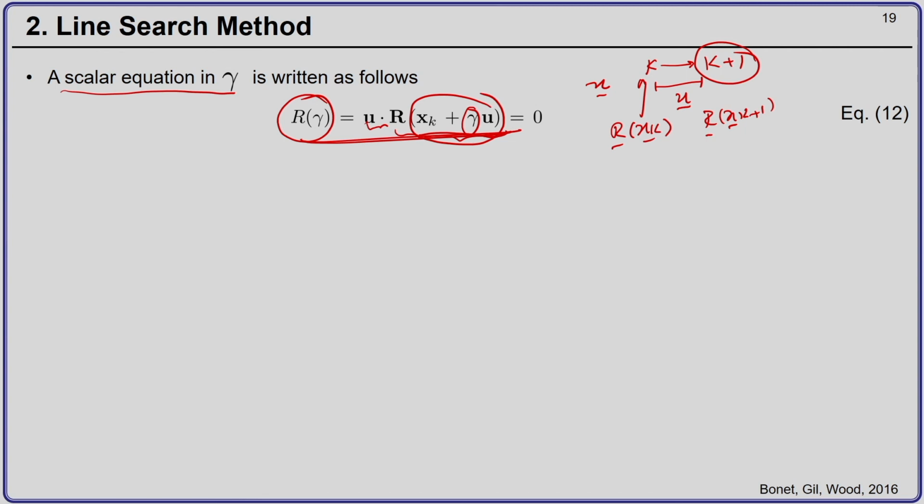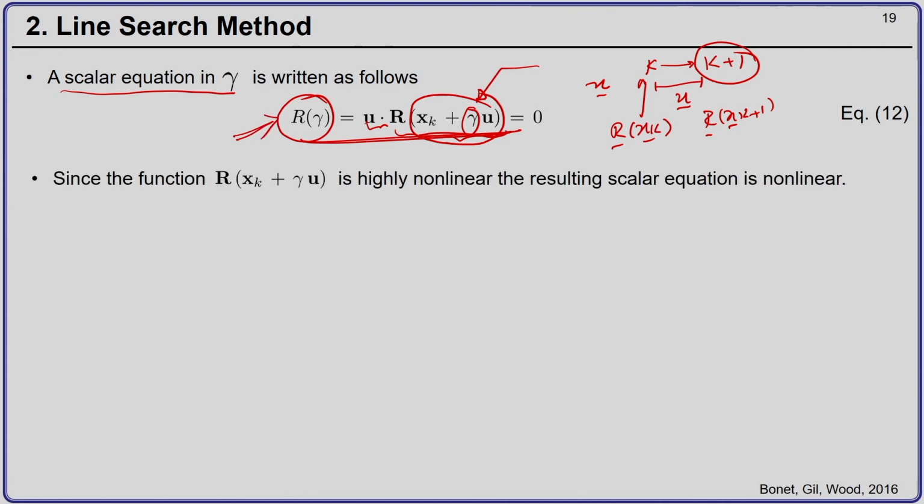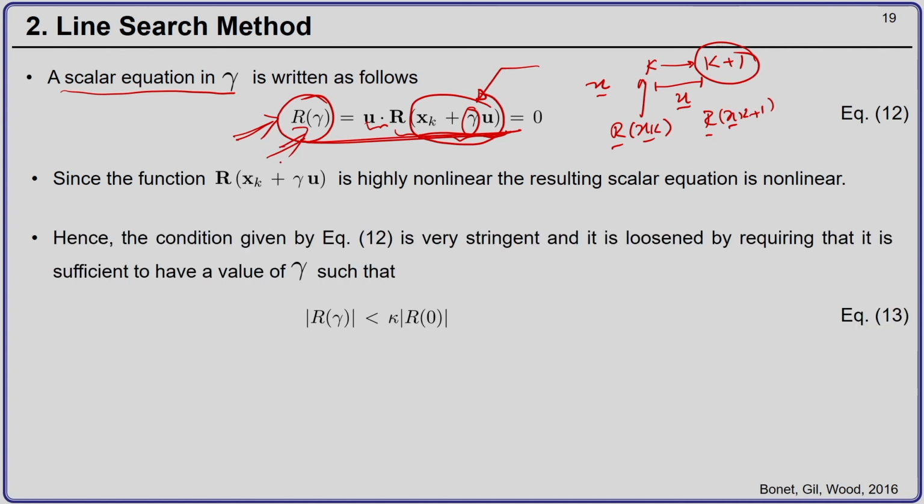Now, this residual force vector is a highly nonlinear function. Therefore, this equation r of gamma is a highly nonlinear equation that we need to solve. To make this r of gamma equal to 0 is a very stringent condition.